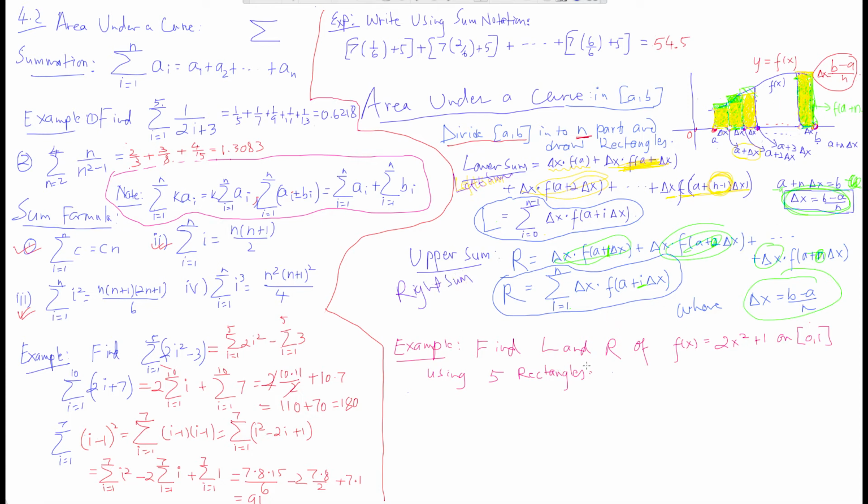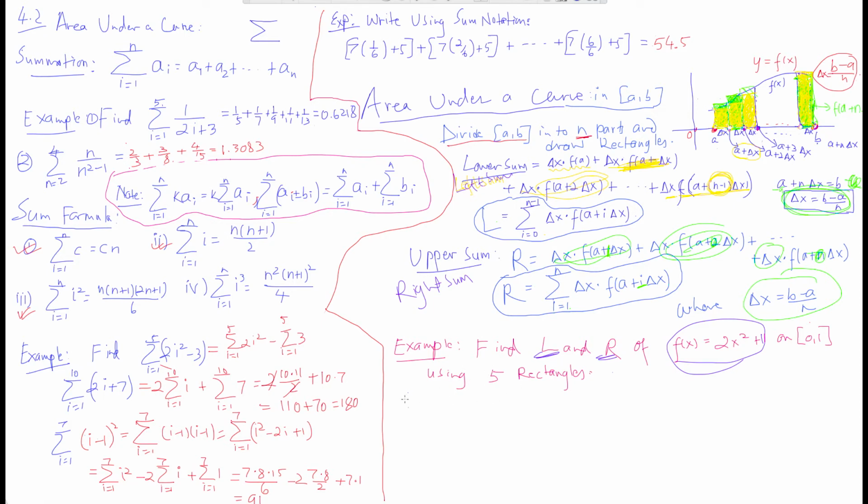Now you want to find the left sum and the right sum of this function f(x) = 2x squared plus 1, on the interval 0 to 1 using 5 rectangles. You want to make 5 rectangles, and we will use this value as the left sum and the right sum, or the lower sum and upper sum. Okay, so how do I do that?